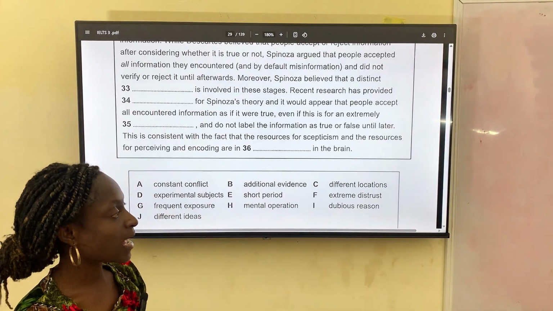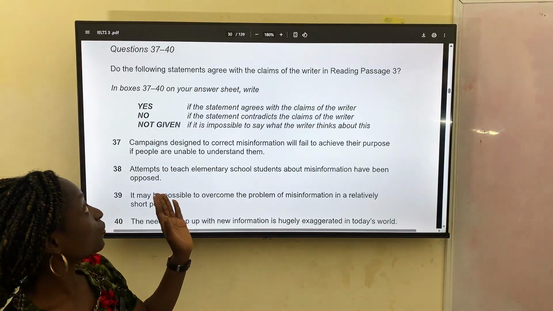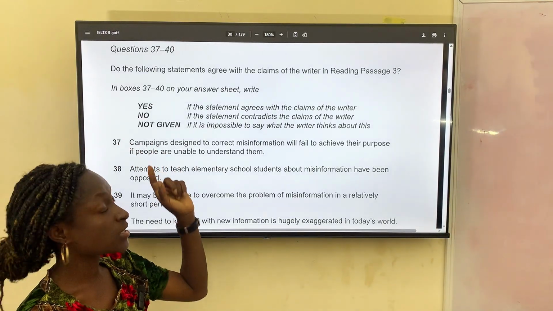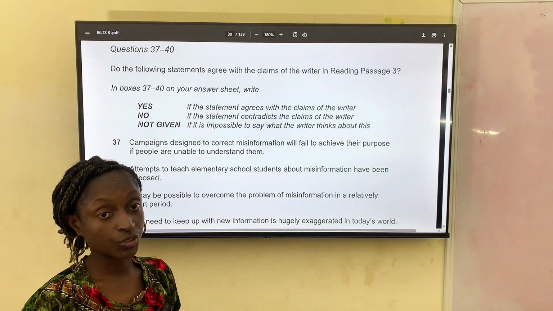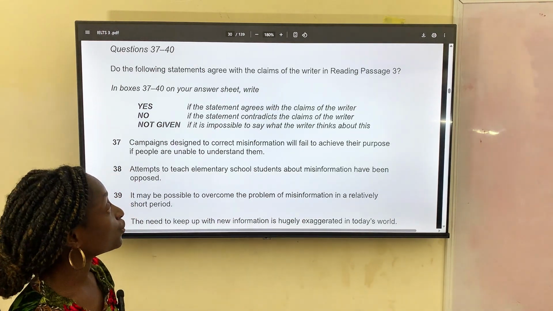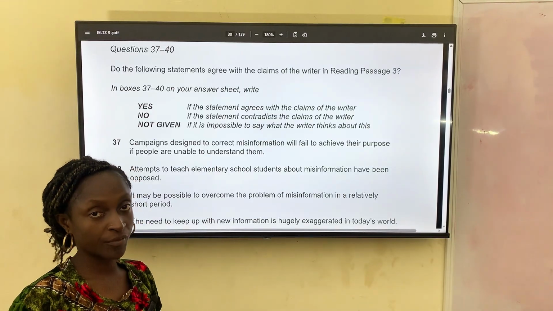Now let's look at the last question. The last question is yes, no, not given. It's similar to true, false, not given, because they want us to identify the opinion or the claims of the writer.